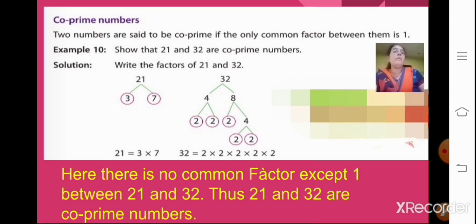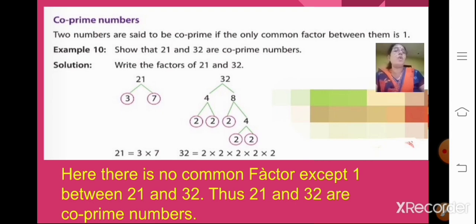Now in the number 21 the prime factors are 3 and 7, whereas in 32 it is the number 2. So in 21 as well as in 32, there are no common factors. Here it is 3 and 7, here all the numbers are 2.